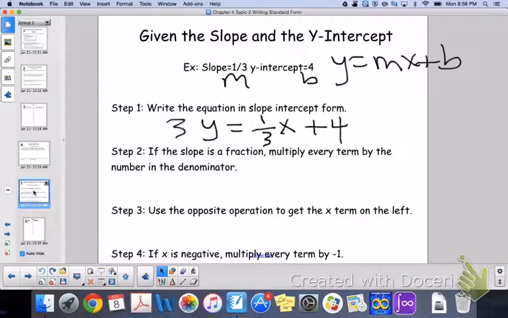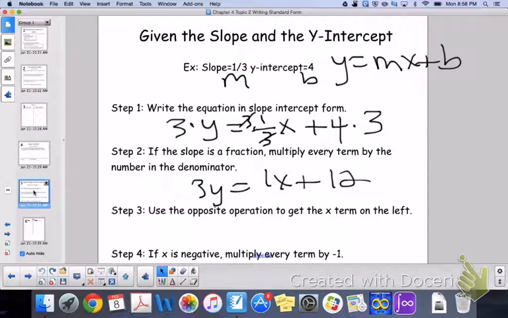So we're going to multiply every term by 3. 3y equals, our 3's cancel here, we have 1x plus 4 times 3 is 12. Use opposite operation to get the x term on the left, so minus 1x. Now we have negative 1x plus 3y equals 12.